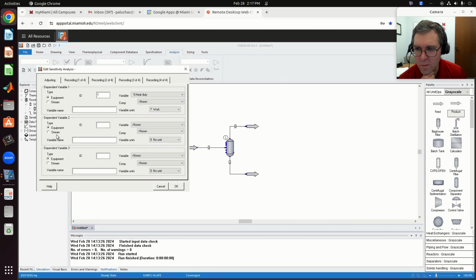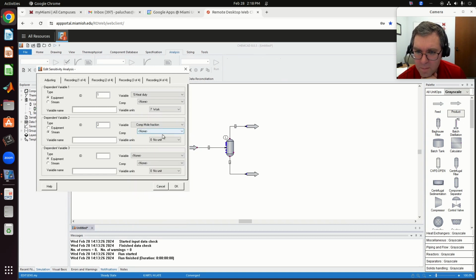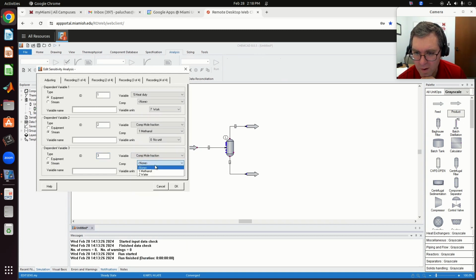Okay, dependent variable 2. In stream 2, I want to track the component mole fraction of methanol, and that's dimensionless. I also want to track in stream 3 the mole fraction of methanol, which is dimensionless.